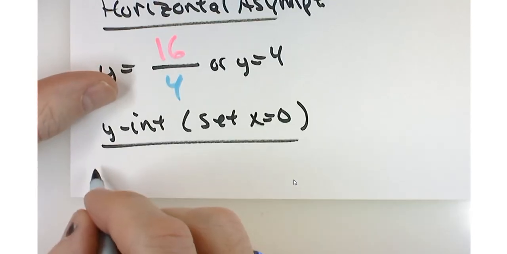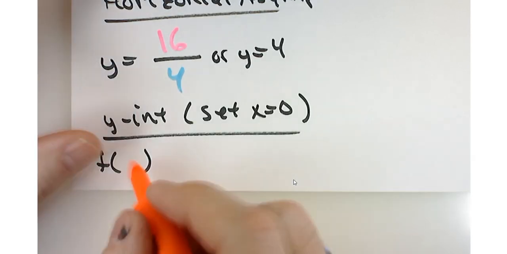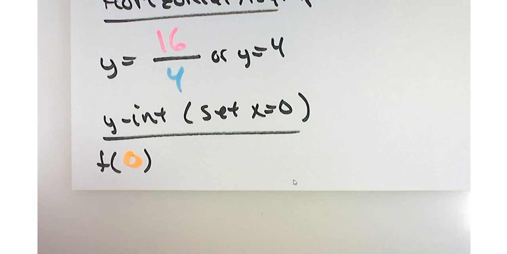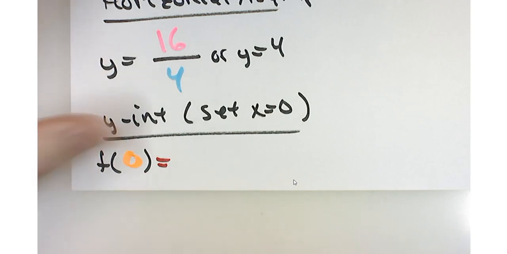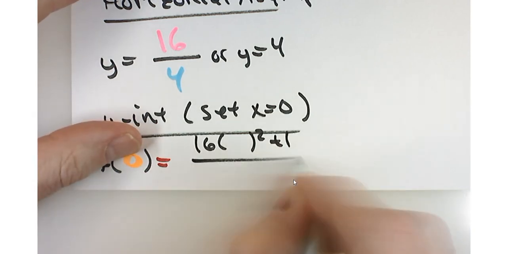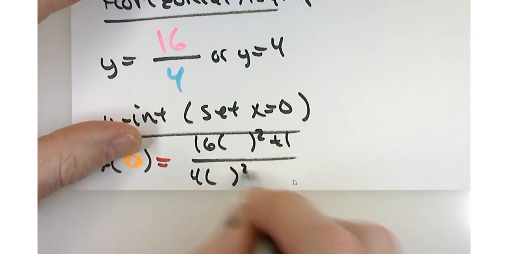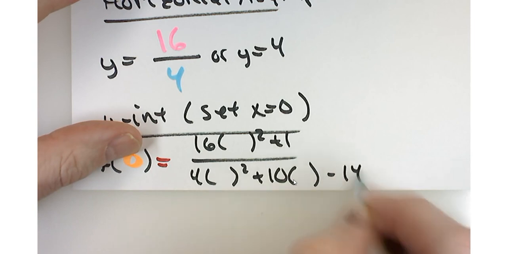So if I do that, I get f of 0 is 16 times 0 squared plus 1 over 4 times 0 squared plus 10 times 0 minus 14.